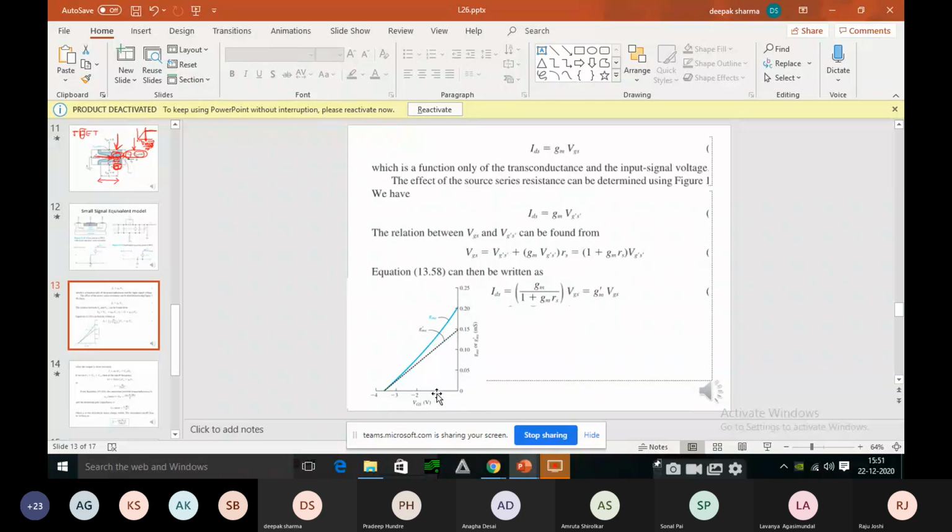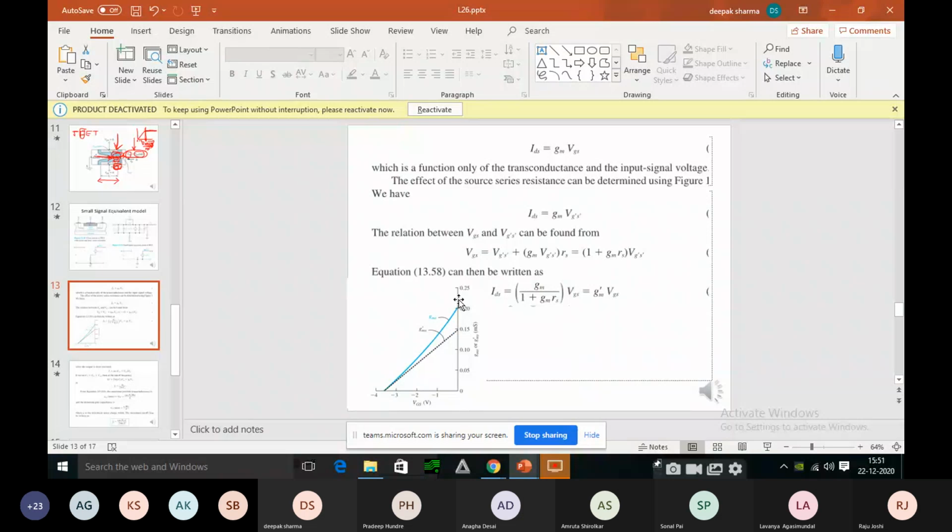So what is transconductance? What is the unit of transconductance? It is MHO. That is reverse of ohms. Okay. So what is transconductance? It is reverse of resistance, right?